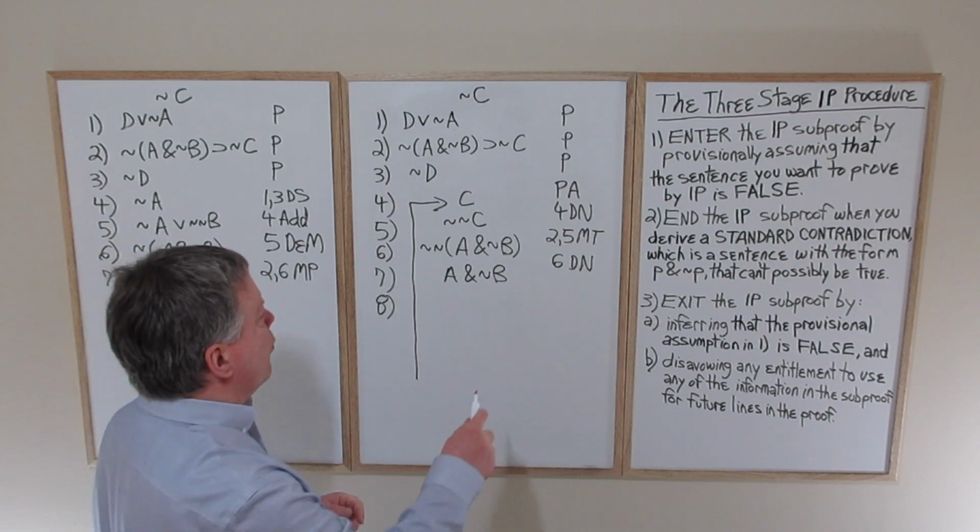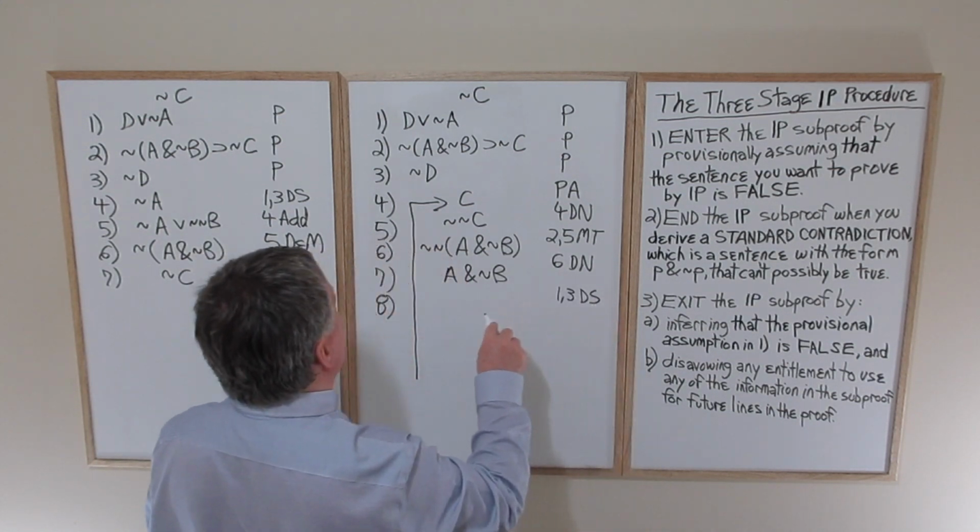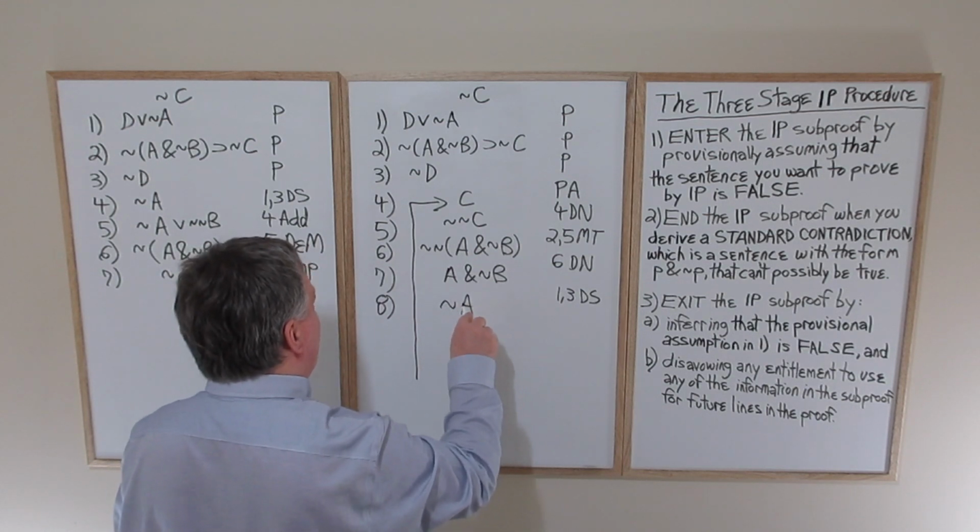So 1, 3 disjunctive syllogism gives us tilde A.